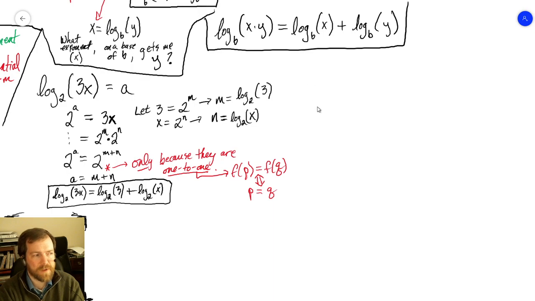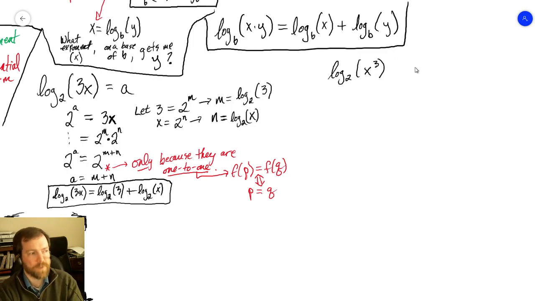Same sort of stuff happens, I mean, there's all sorts of things, but if you're doing something like log base 2 of x to the third, so the 3 is now an exponent instead. Well, this is an exponential term. Again, we don't know what it is, so we'll just call it a.